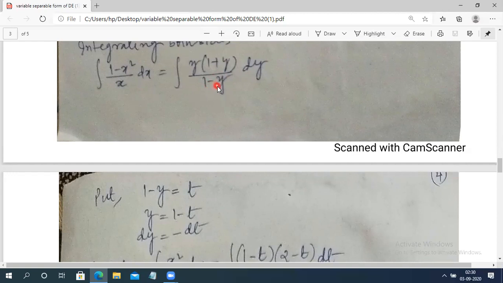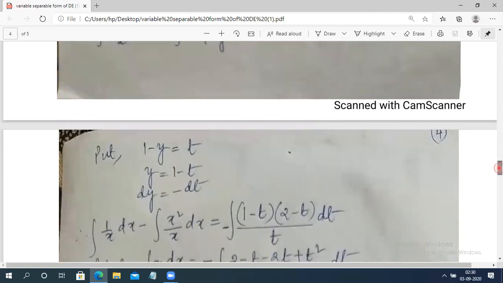On the right hand side we will use the substitution method of integration again. If we substitute 1 minus y as the new variable t, then what will happen? y can be written as 1 minus t, so dy can be written as minus of dt.